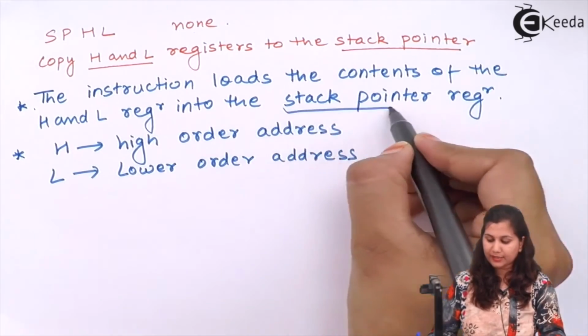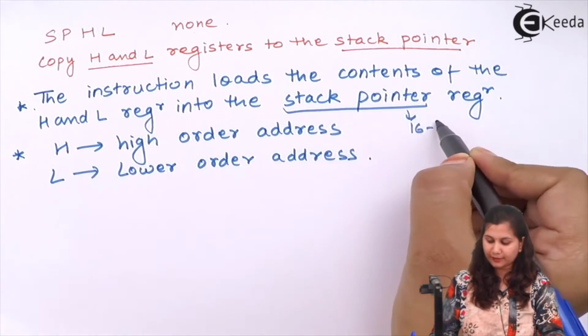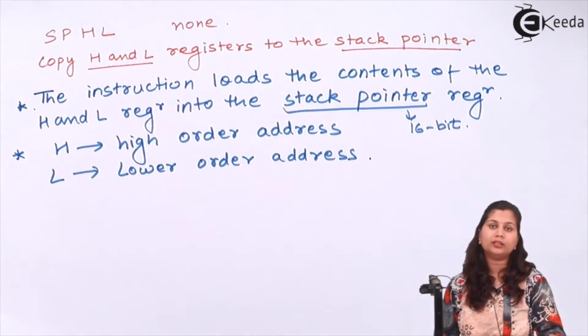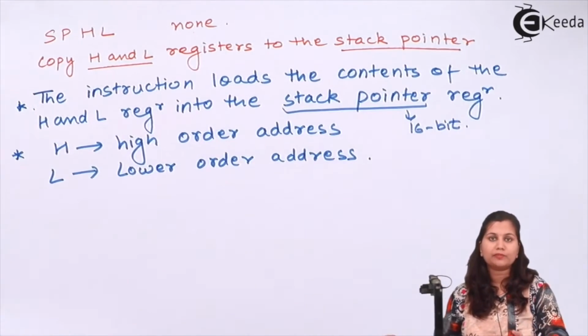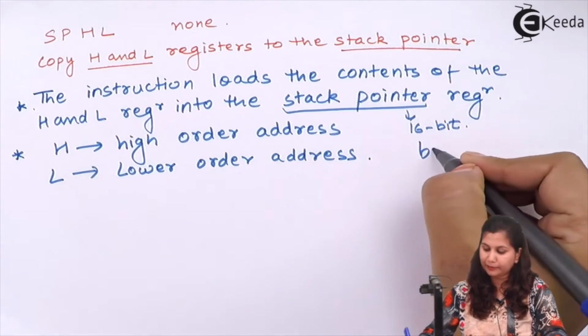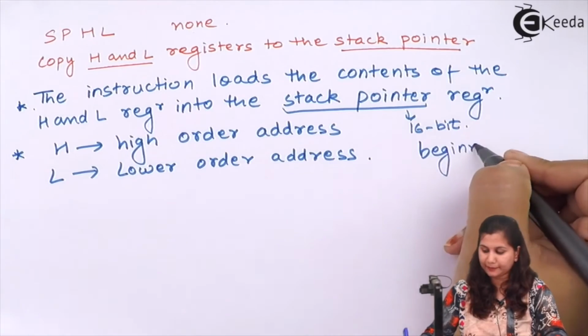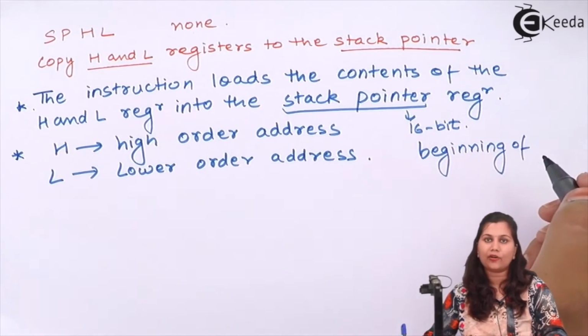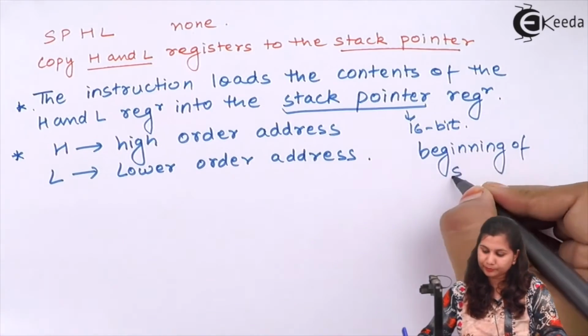The stack pointer register is a 16-bit register and it denotes the starting of the stack, that is, from which memory location the stack is starting. So it is defining the beginning of the stack. Stack is an array of memory locations.